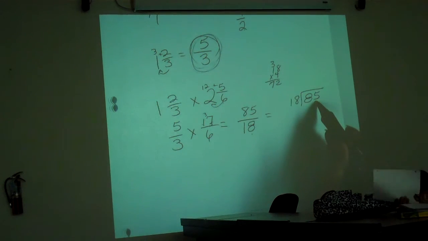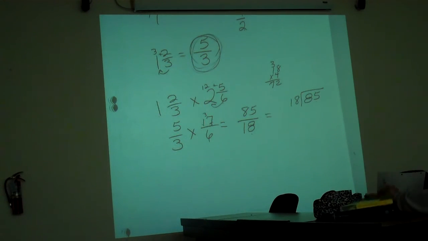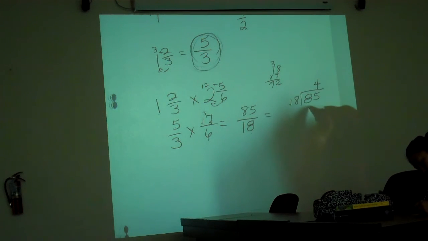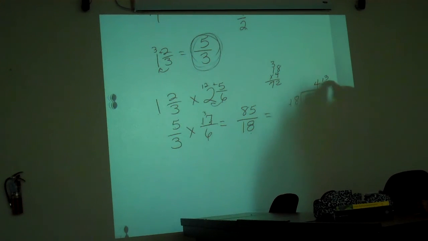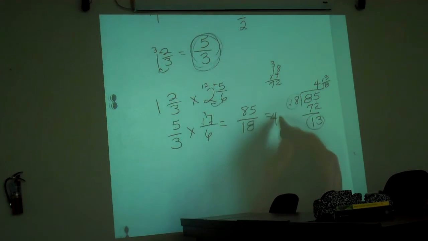Okay, 72 is close enough, because if you do another one, it would be like 90. That'd be too big. So we'll do 4. 4 times 18 is 72. 5 minus 2 is 3. 8 minus 7 is 1. This number goes on top, and this number here goes on the bottom. So this would equal 4 and 13/18.